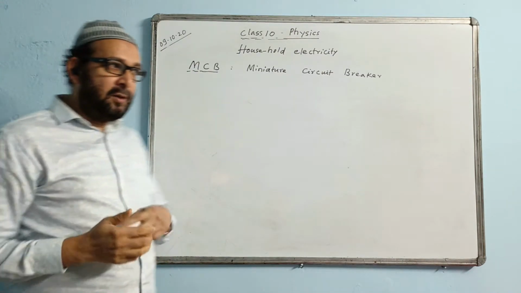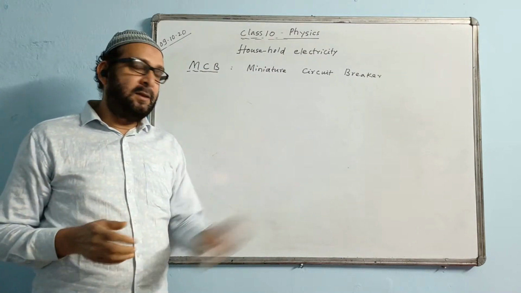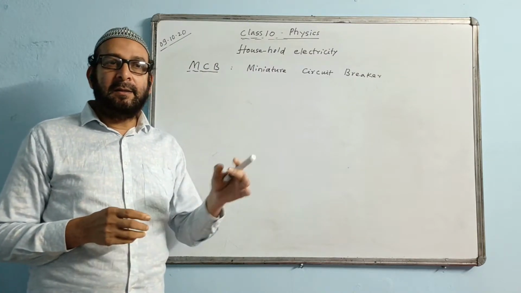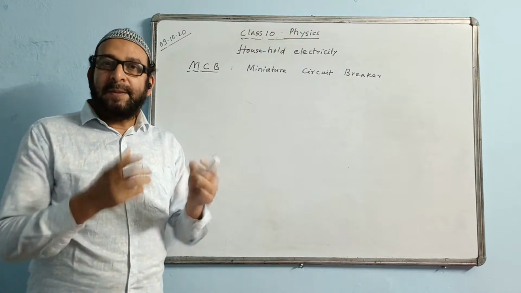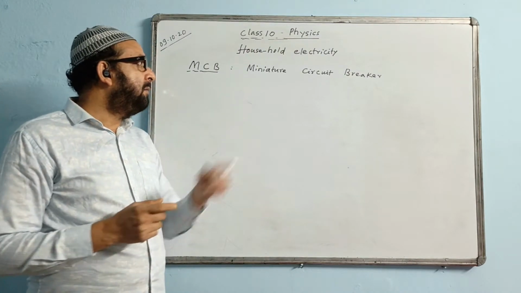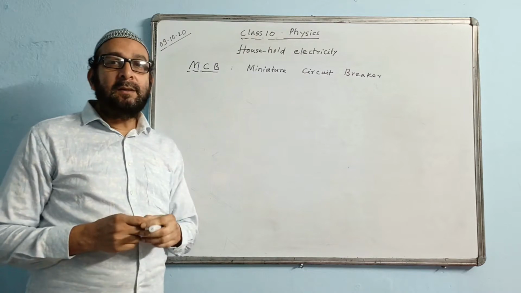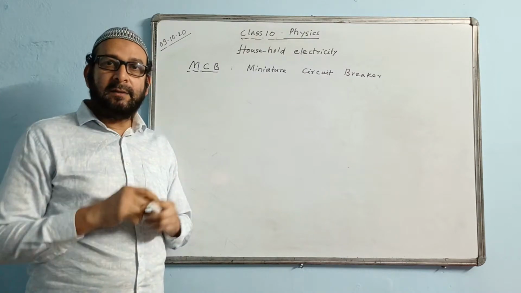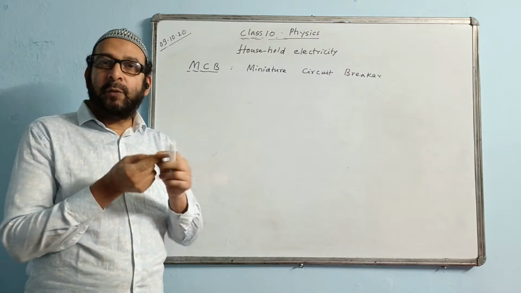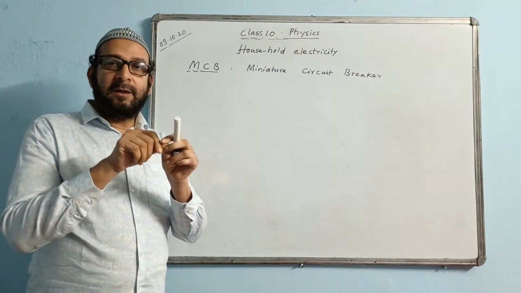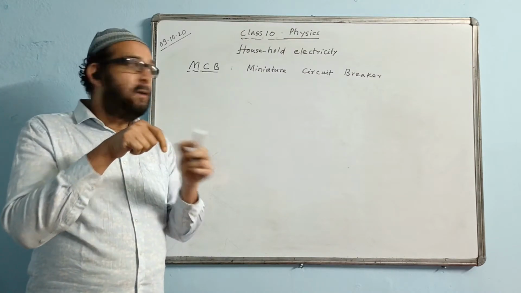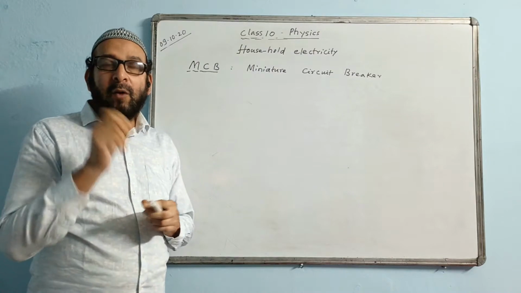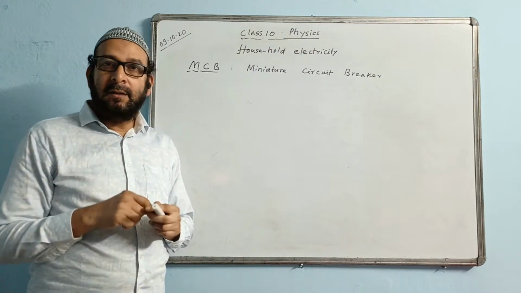If anything is wrong inside the home or any appliance is getting current higher than its capacity, then within the MCB there is a thermostat. It gets heated up very quickly and it disconnects. The lever goes down, which indicates there is some fault in the circuit.